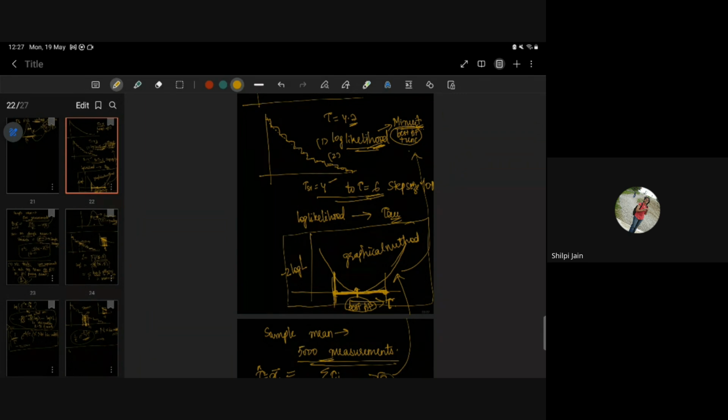So on the y-axis comes -2 log L, on the x-axis comes the tau parameter. Then the minimum is the minimum, so just look where the minimum is. That's your best fitted parameter.